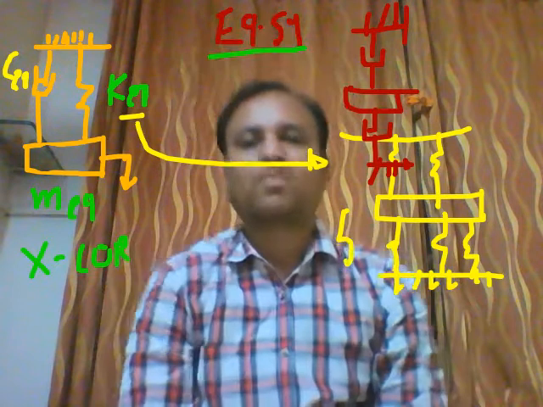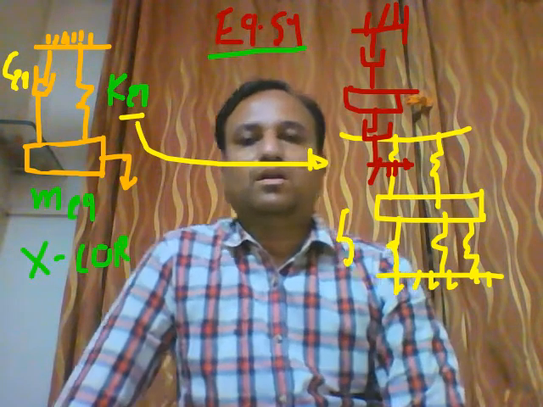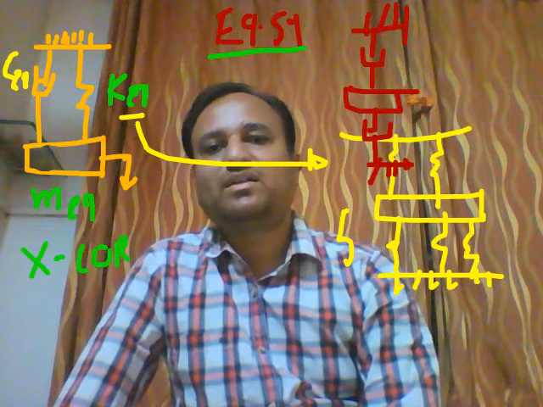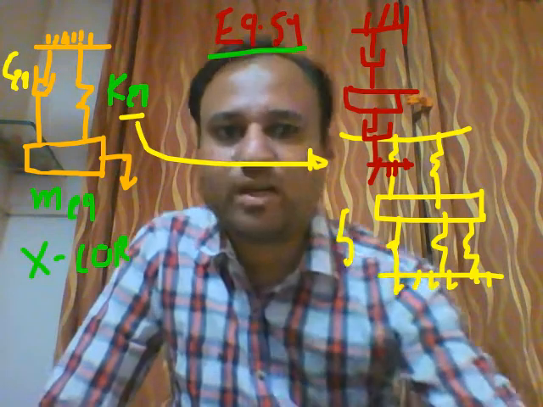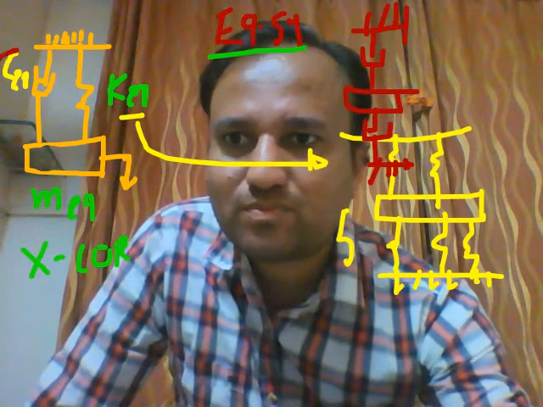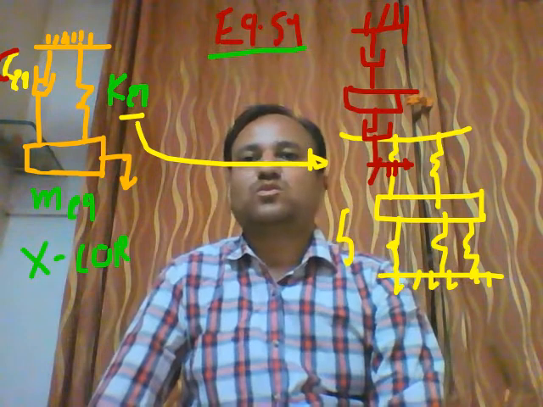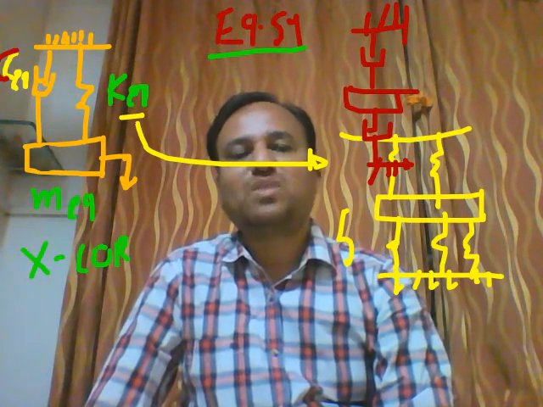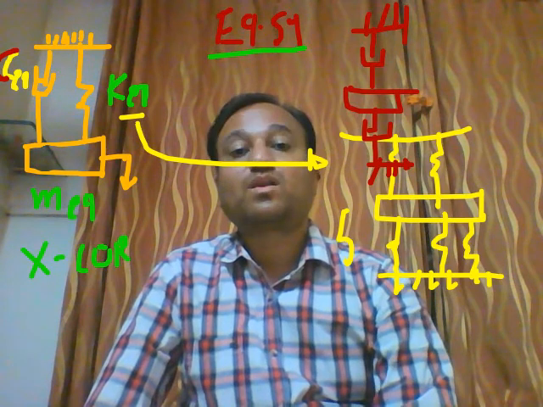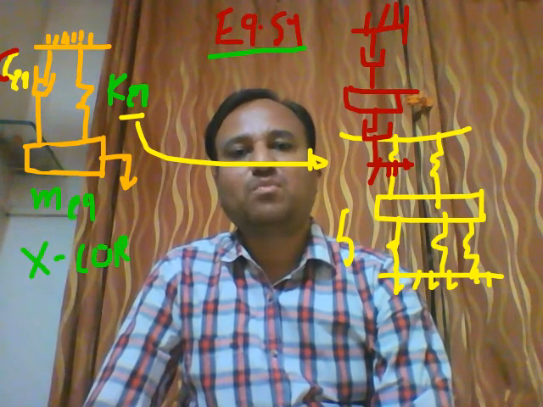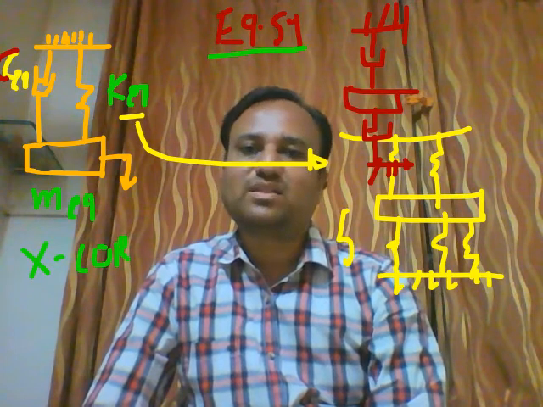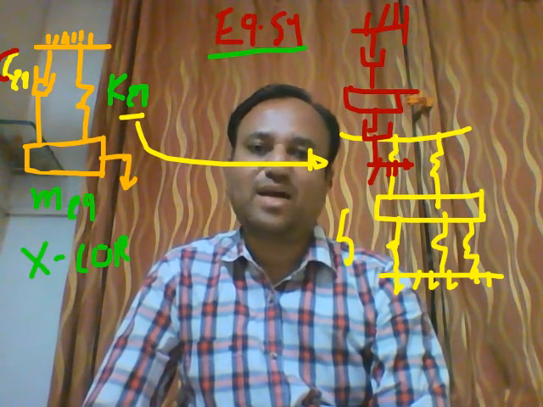You must consider only one damper, having a damping coefficient C equivalent. So understand, student? During vibration analysis, a multi-spring, multi-mass and multi-damper system is converted into a single mass, single spring and single damper.